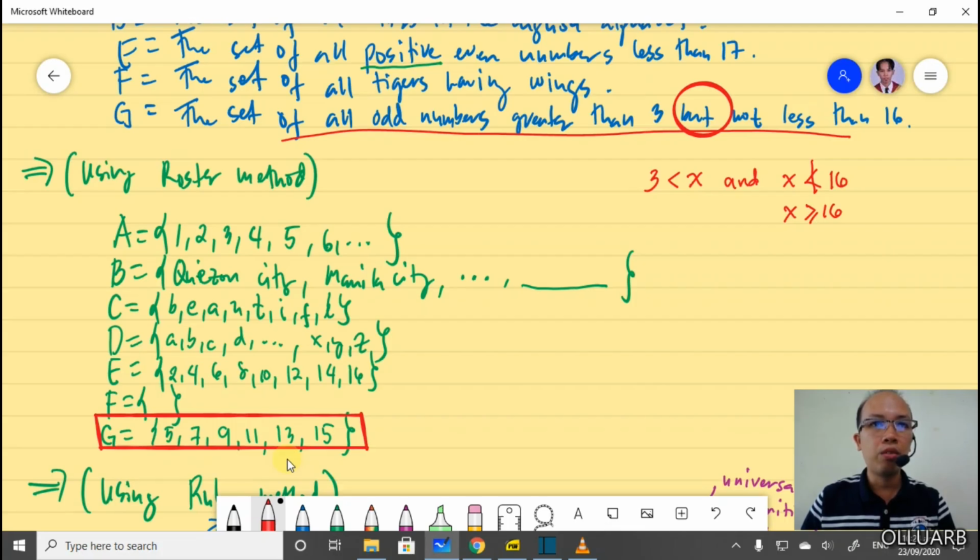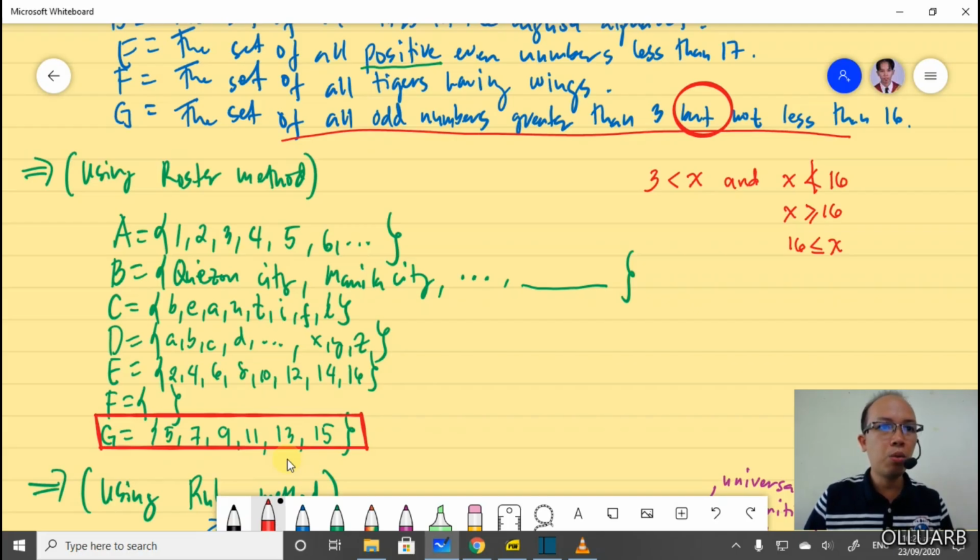Further, you can write this as 16 is less than or equal to x. So meaning our x is greater than 3 and also it is greater than 16.